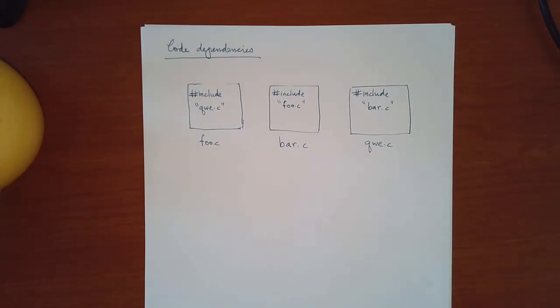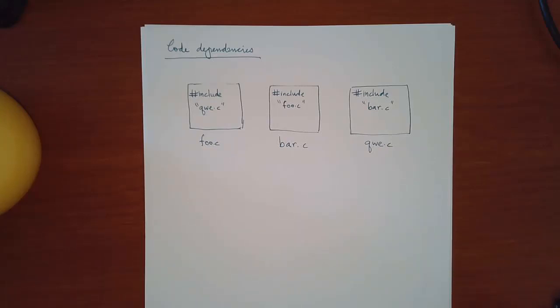Yes. What is the problem? The problem is that bar.c can only exist with foo.c, but foo.c can only exist through qwe.c. One can't exist without the other. It's like a paradox.